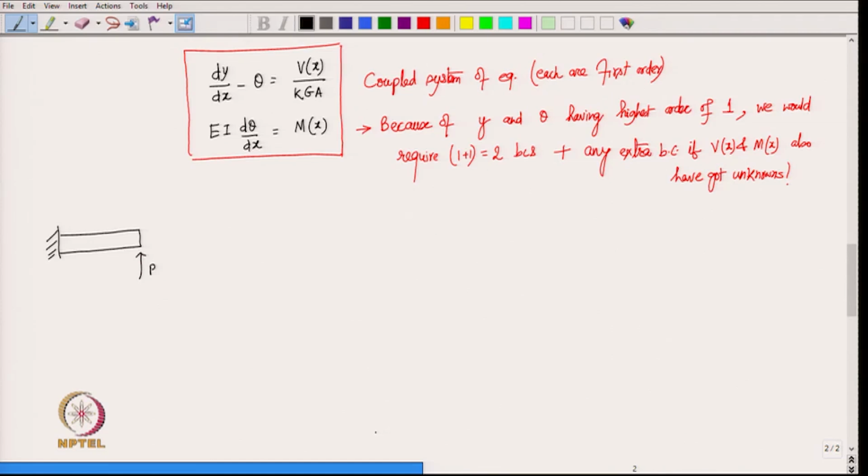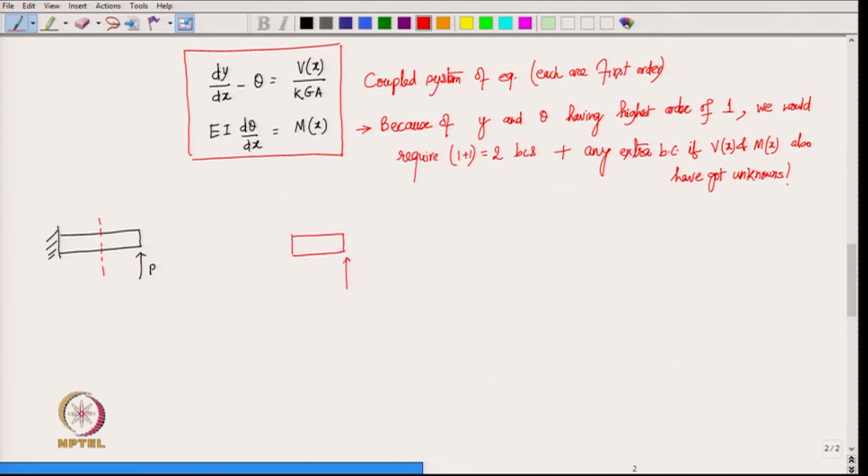Now, we would like to solve it using Timoshenko beam theory and see how the results are differing. Okay. So, the first thing to do is we have to find the shear force and bending moment distribution V of x and M of x. So, to do that we will have to cut a section and look at the free body diagram of the cut part.